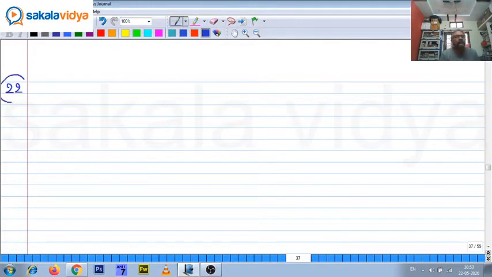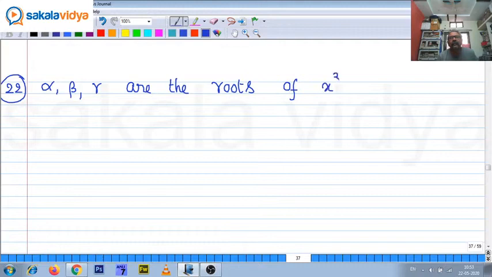Question twenty-two. Alpha, beta, gamma are the roots of x cube minus 2x square minus x plus 2 equals 0.